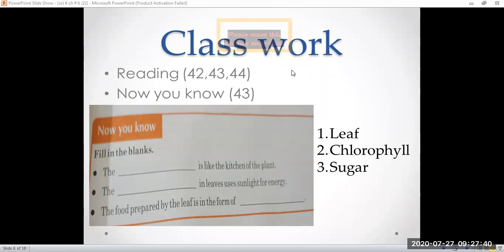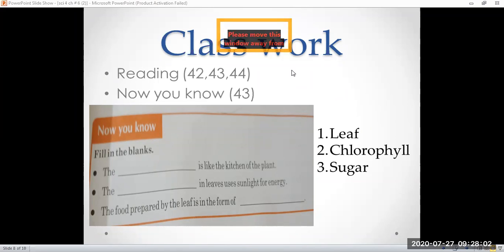Take a slice of potato and add a few drops of dilute iodine to its cut surface. Observe the change. The iodine solution changes to blue black. This shows that potato contains starch.